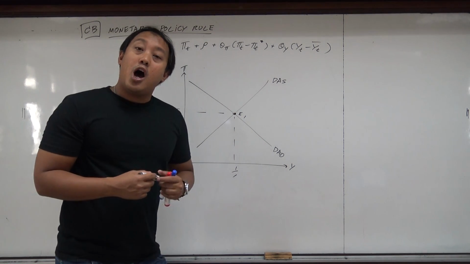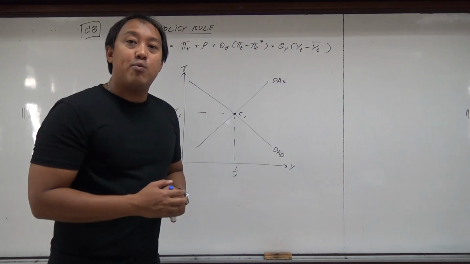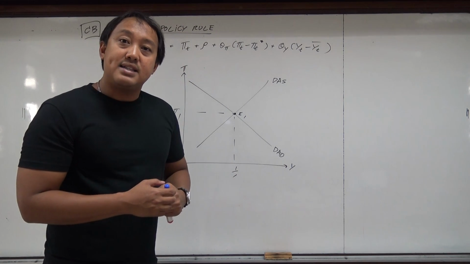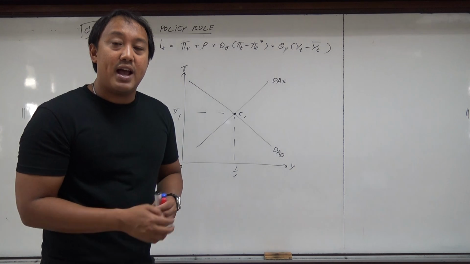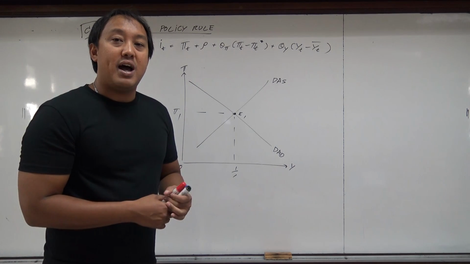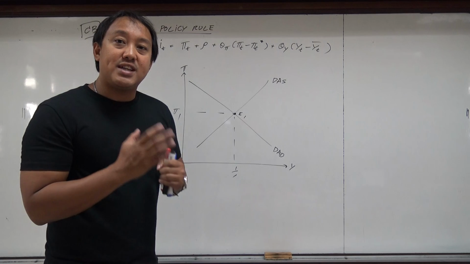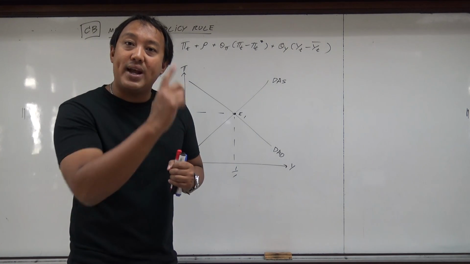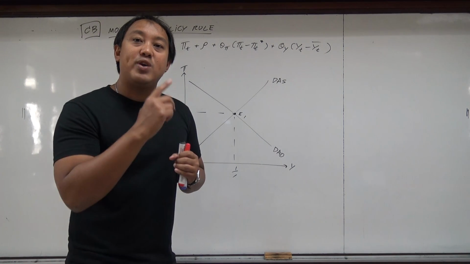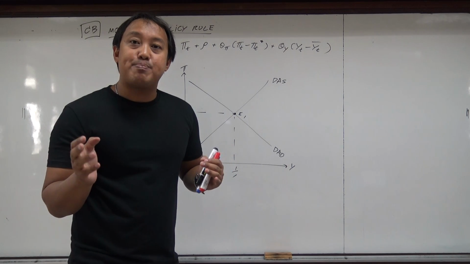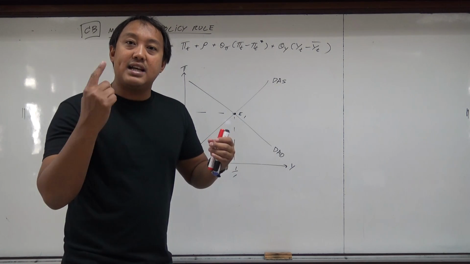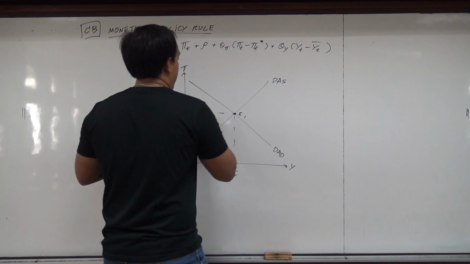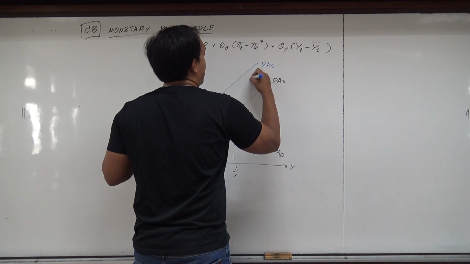Normally when we have a positive supply shock, it means that for some reason the cost of production increases. If the cost of production increases, everything in the economy becomes more expensive. Then DAS is going to shift up like this.